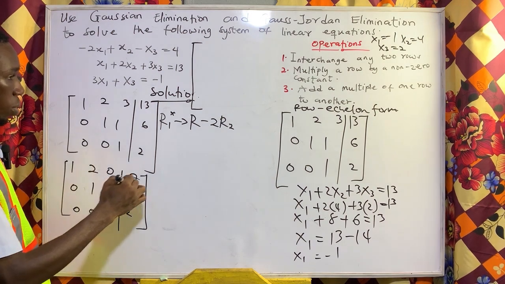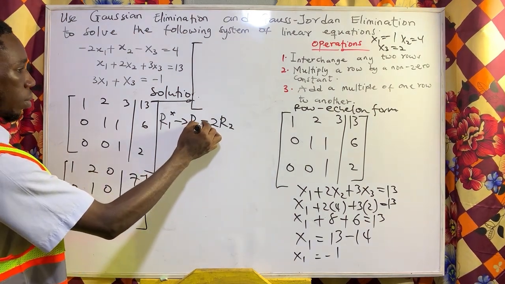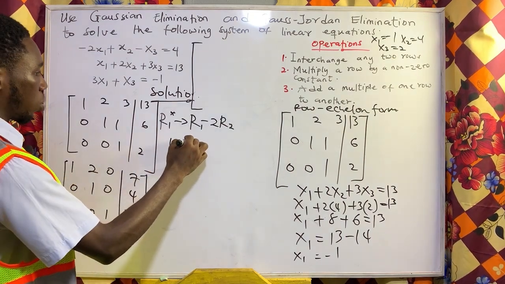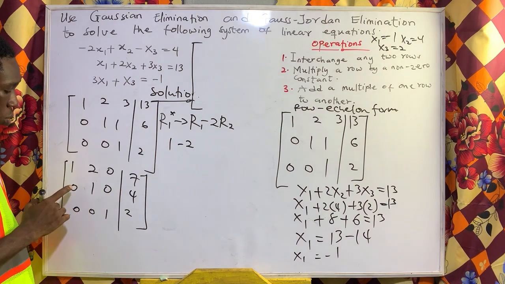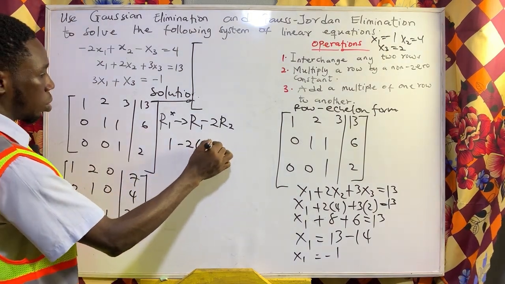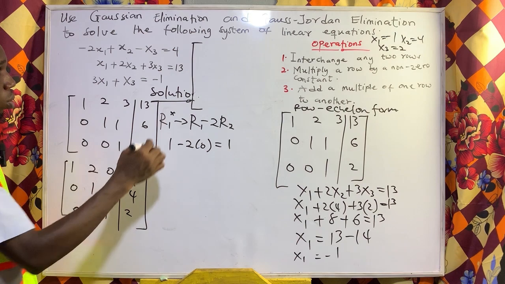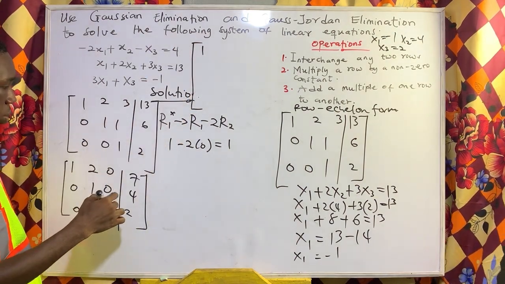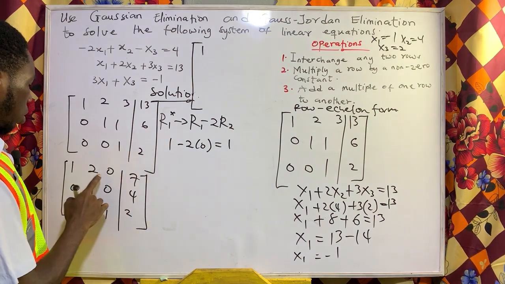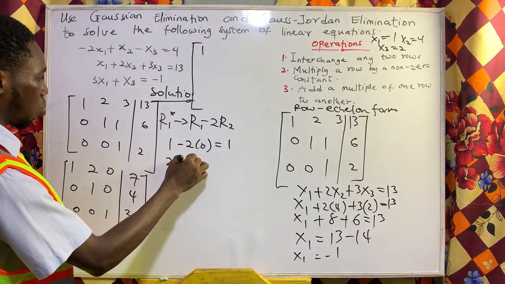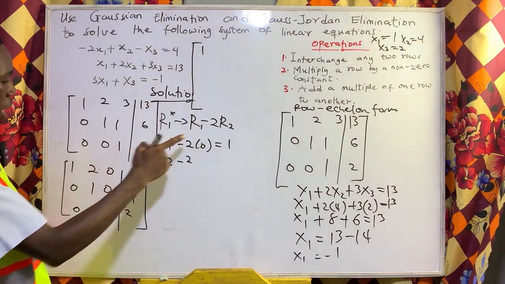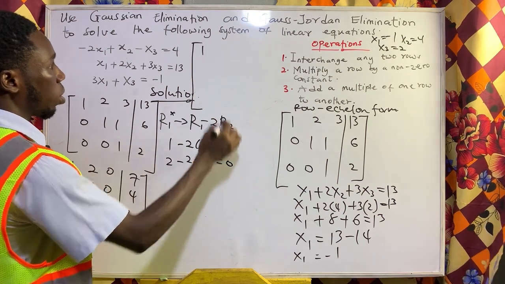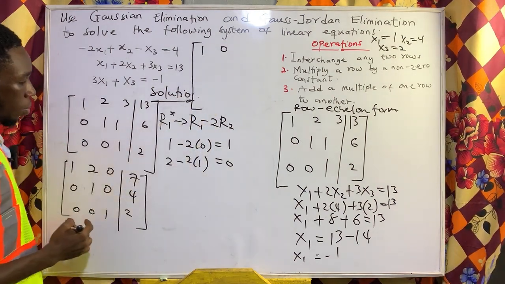We have the first value in row 1, which is 1 minus 2 times the value in row 2, which is 0. So this will give us 1. So our first entry is 1. Now let's move on to the next one. Our value was 2, so that is 2 minus 2 times the output value, which is 1. So this will give us 0. So our next entry is 0.